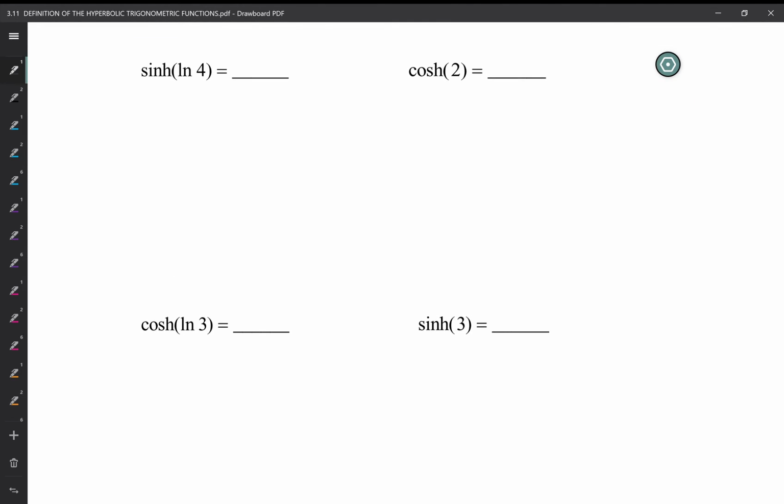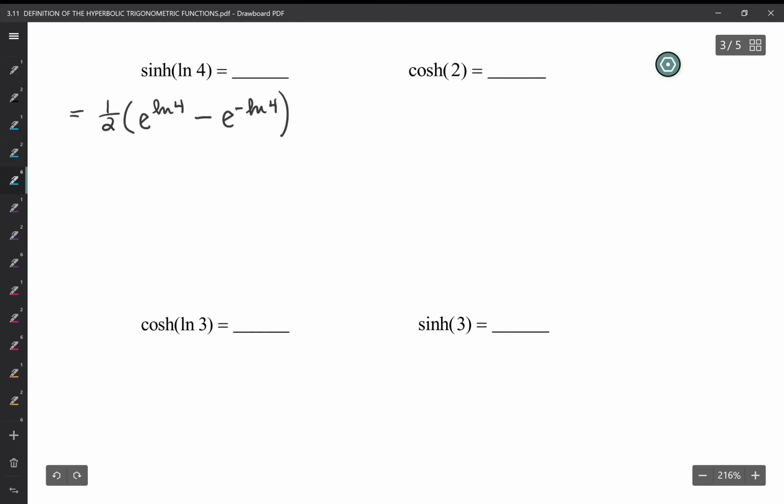Now let's find the hyperbolic sine of the natural log of 4. This is equal to 1/2 times e to the natural log of 4 minus e to the negative natural log of 4. Being careful with that negative exponent, this is equal to e to the natural log of 1/4.